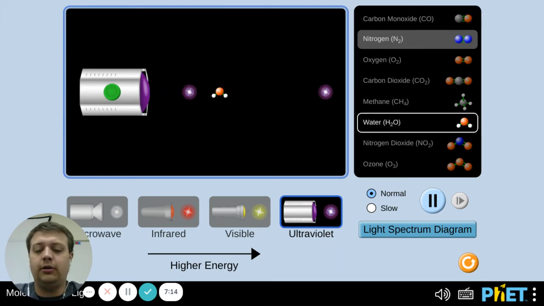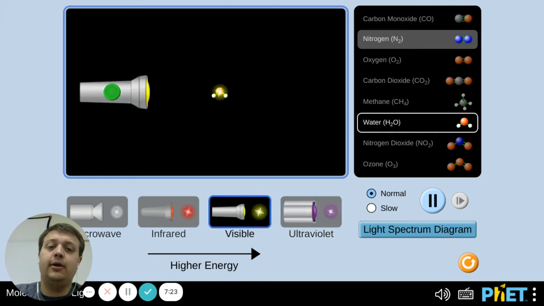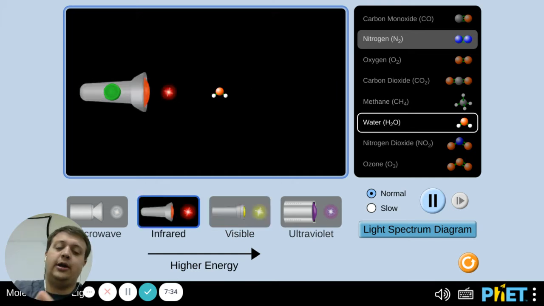now let's take a look at water. Okay, so here's a water molecule. Ultraviolet, what do we notice? Nothing's happening. That's right. So nothing's happening here. How about visible? What would we expect? Visible, we would expect it to, again, do nothing. And so that's exactly what we're seeing. How about with infrared? Well, infrared, we should expect it to vibrate in place.